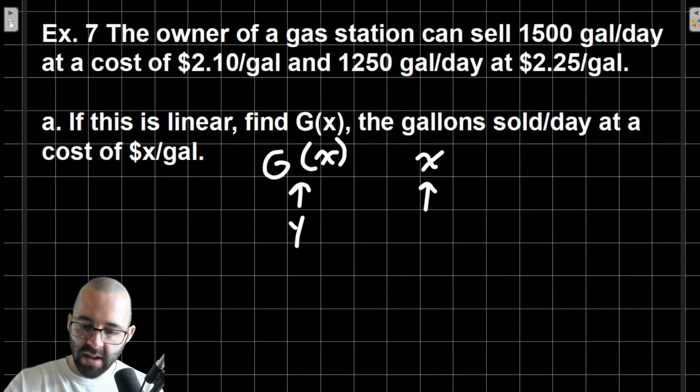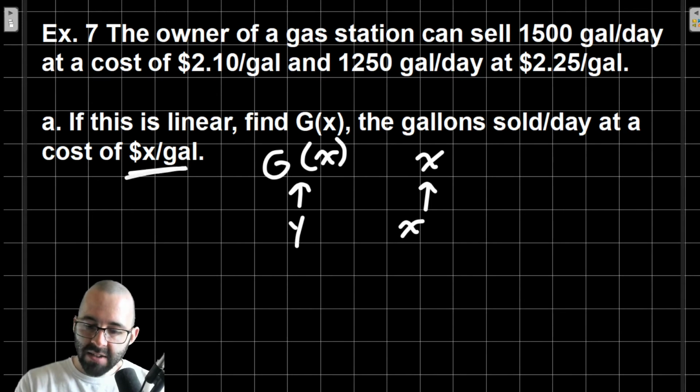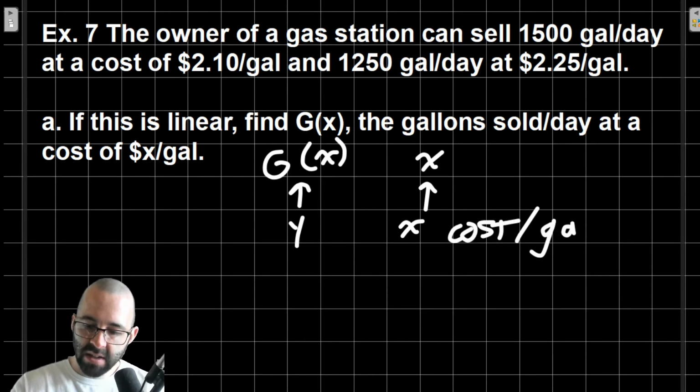And x is obviously our x value, okay? So what is the x value? X right here is the cost per gallon. All right, cost per gallon. And y, or g of x, is the gallons sold that day.